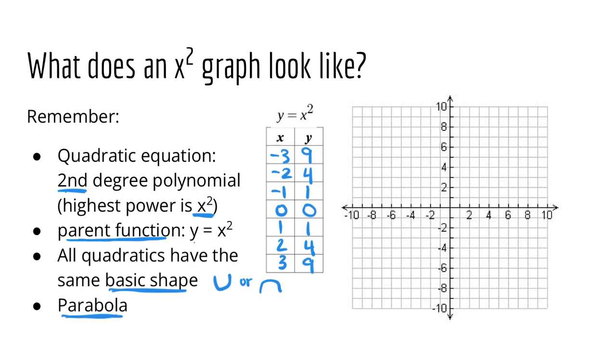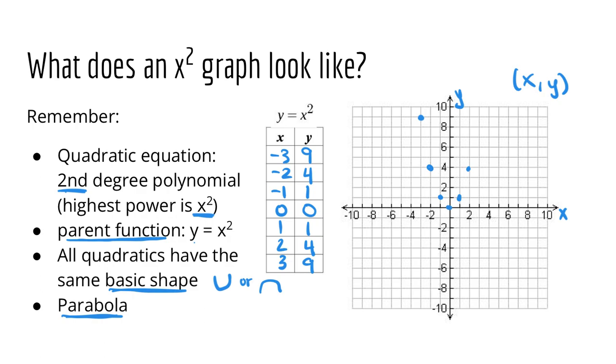And now we're going to plot them on the coordinate plane on the right. And remember, it's been a while since we graphed, so label your x and y axes. Plot these points. So negative 3, positive 9 is going to be right here. Negative 2, 4. Negative 1, 1. 0, 0. 1, 1. 2, 4.